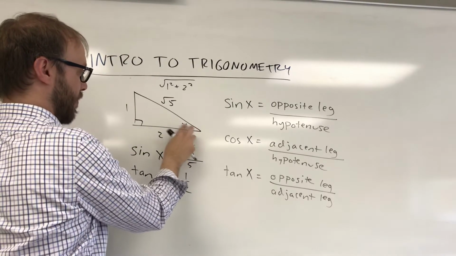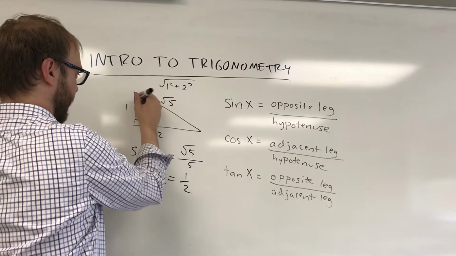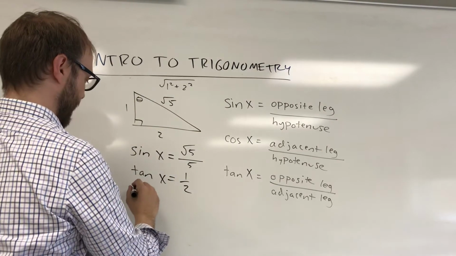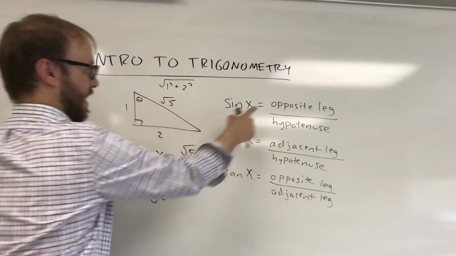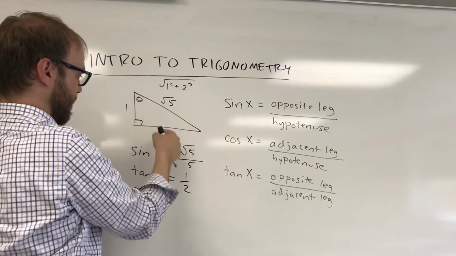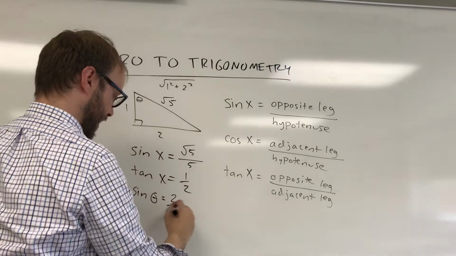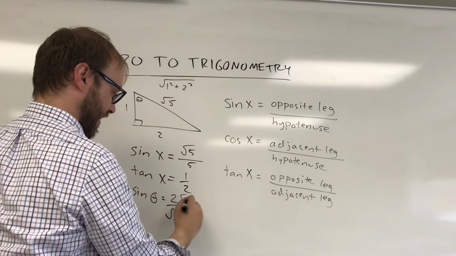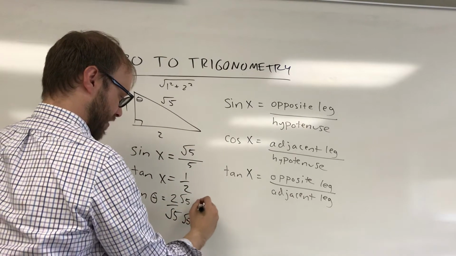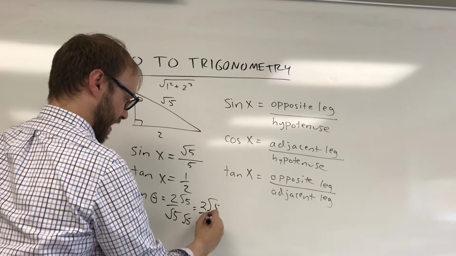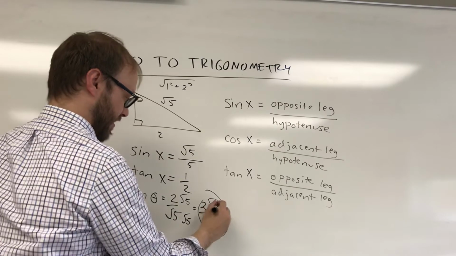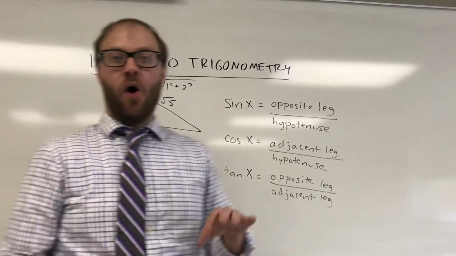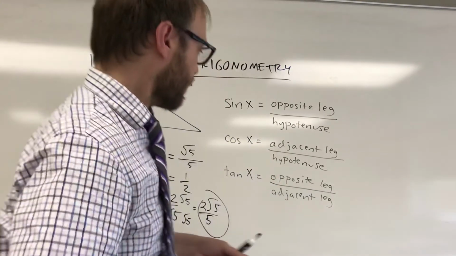If I wanted to do another angle over here, maybe call it angle theta, and I wanted to find the sine of angle theta, that would be opposite over hypotenuse. That's going to be 2 over radical 5. And again, you want to rationalize the top and the bottom there, and you'd get 2 radical 5 divided by 5. And 5 doesn't go into 2, and there's no GCF that divides out, so you just leave it in that form.